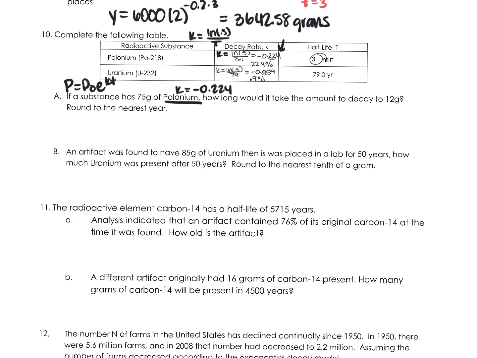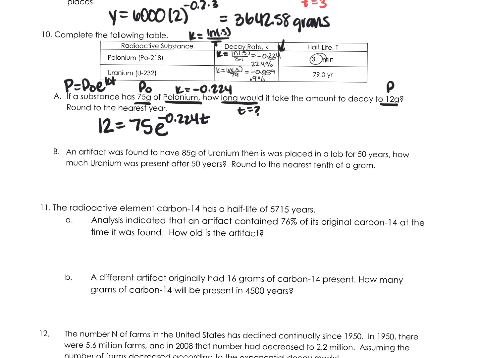So we'll use that for K. And then if we have 75 grams of polonium and it decays to 12 grams, we're looking for how long, so that's time. So this is our ending amount, this is our starting amount, and we'll plug that into our equation. So we'll have 12 grams is our ending amount because it's getting smaller. 75 grams is our starting amount. E, our K that we just found using the half-life formula, and we're looking for t.